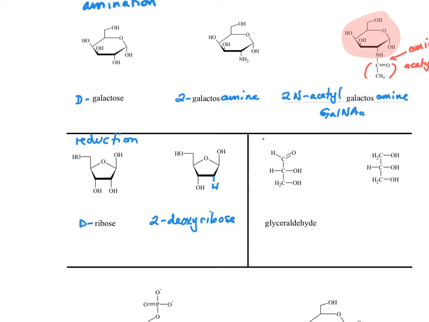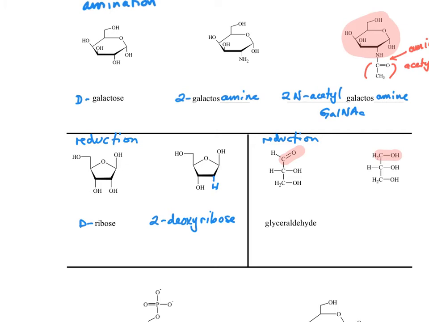There's another type of reduction, though, and that's shown on the right-hand box here, and that's where we change an aldehyde to an alcohol. And when we do that, it's no longer truly a sugar because the normal ratio of atoms is changed, but we still think about it as a modified sugar.